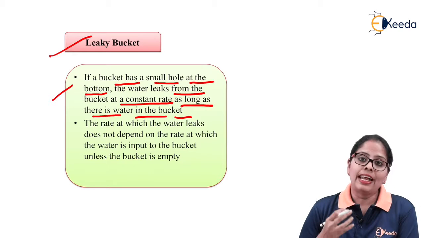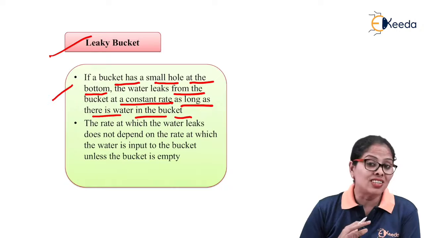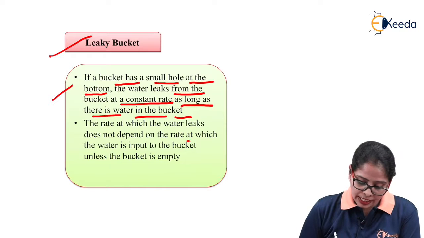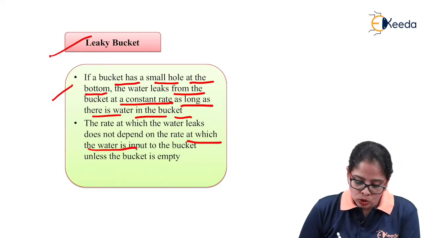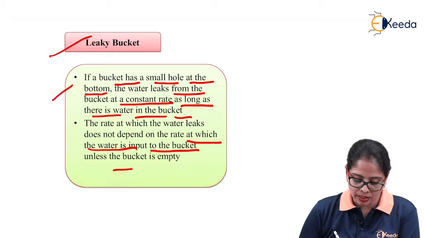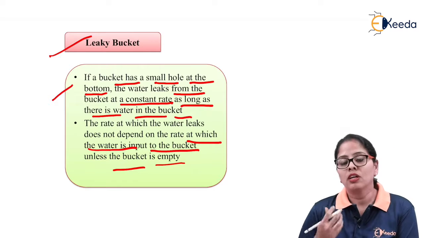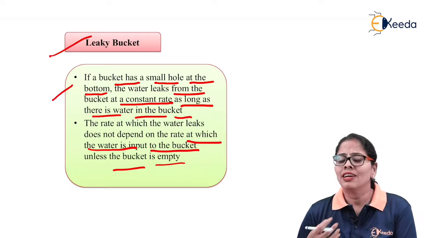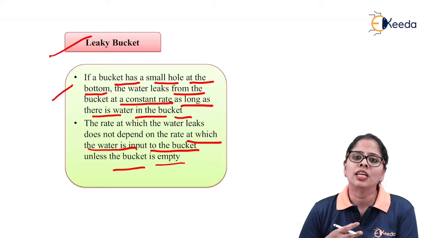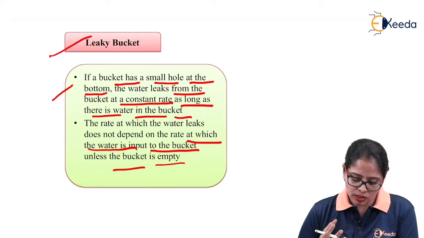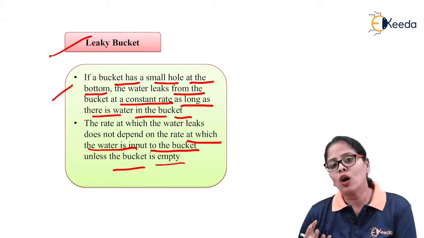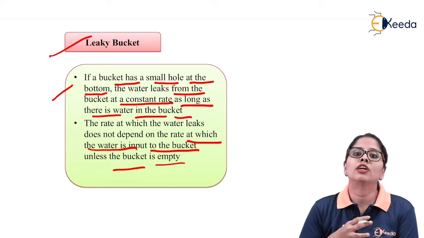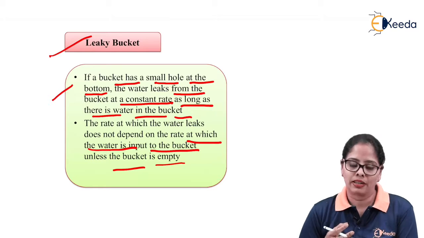The rate at which the water leaks does not depend upon the rate at which water is input to the bucket, unless the bucket is empty. Now see here, your outgoing rate does not depend upon your incoming rate. Whatever your incoming rate of packets, the outgoing rate is independent of it.